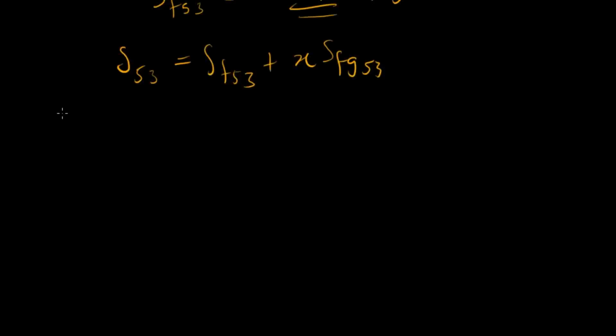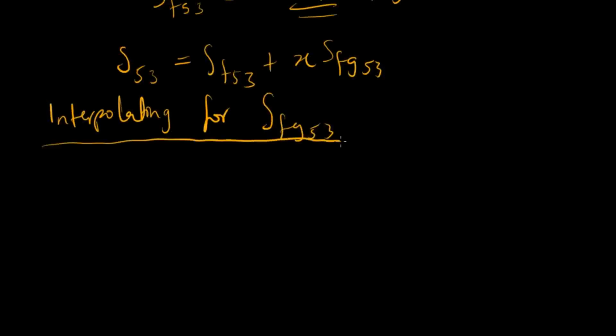So interpolating for sfg53, I think this is the last interpolation. So we bring it over here, and we roll. So 53, 50 as usual, 55.